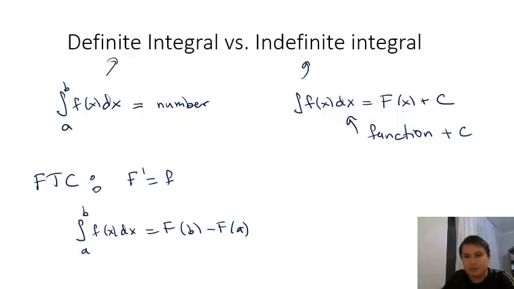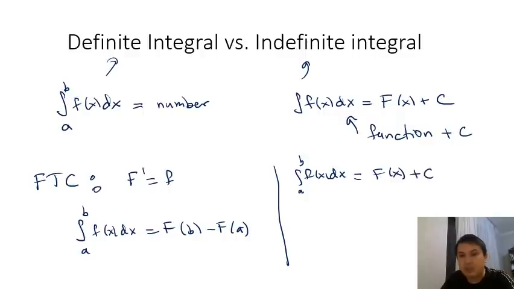Well, now you can also observe it from the indefinite integral. If I make it a definite integral, which would mean that I need to evaluate my capital F of x plus c from a to b, right? So what happens if you evaluate?